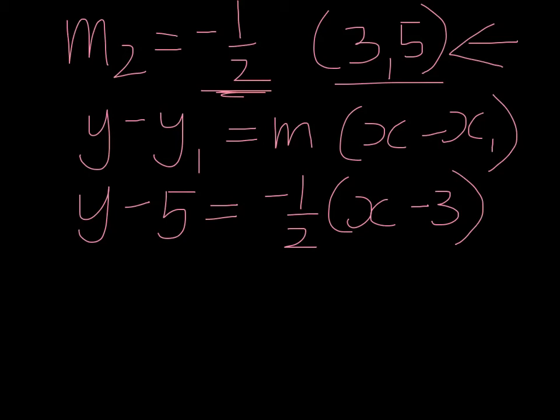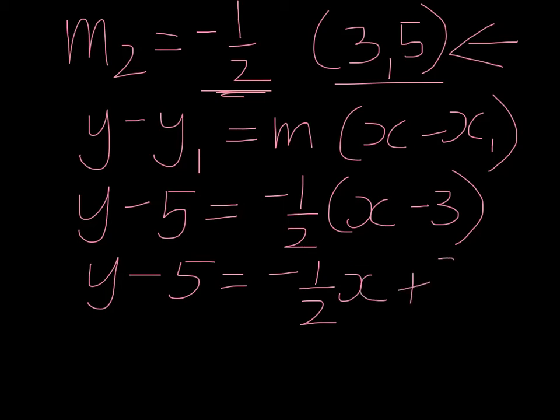Okay, now we're going to just rearrange this. We've got y take 5 equals negative a half x, I'm just expanding this side here, plus 3 on 2.